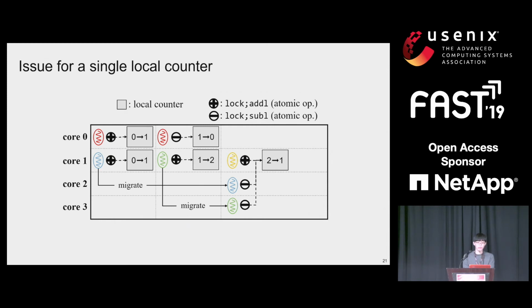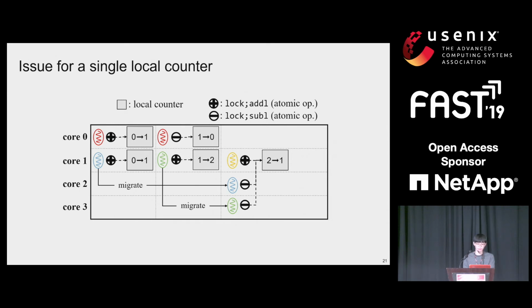Okay, at this time, the three threads access the same local reference counter. When the yellow one tries to increment the local reference counter, both the blue and green try to decrement it. At this time, if they don't use the atomic instruction, a race occurs, and we can't guarantee which value will be the final one.